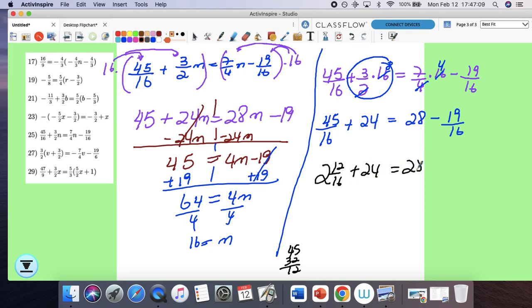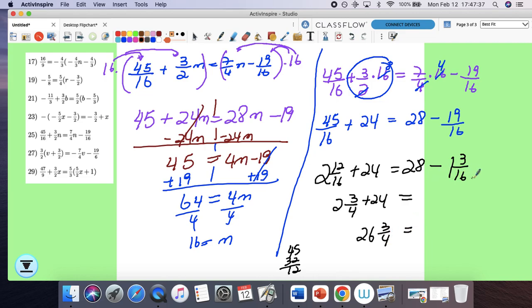Over here, 28 minus 19 over 16 is 1 and 3 over 16. Okay, let me simplify that. 2 and 12 over 16 is going to be, let's see, divided by 4 is 3, plus 24. Let me just finish this. So on the left side, I get 26 and 3 over 4.